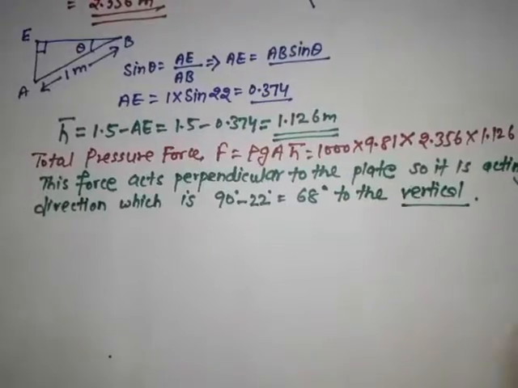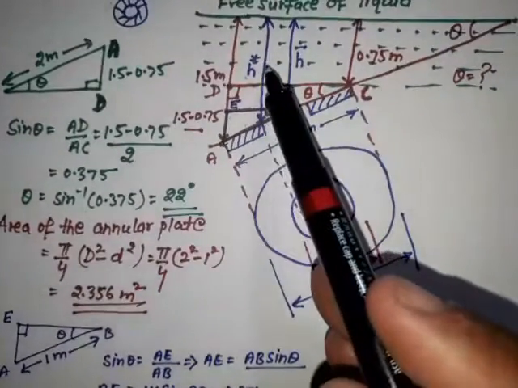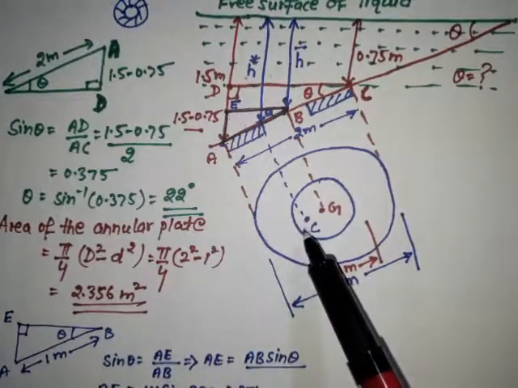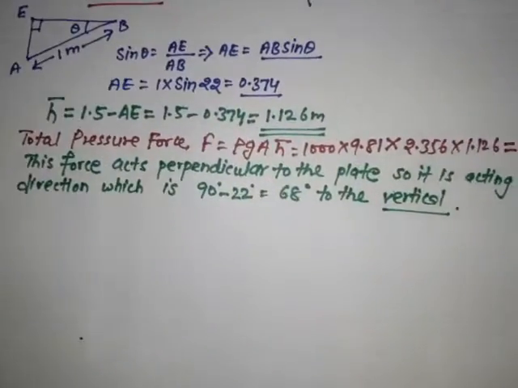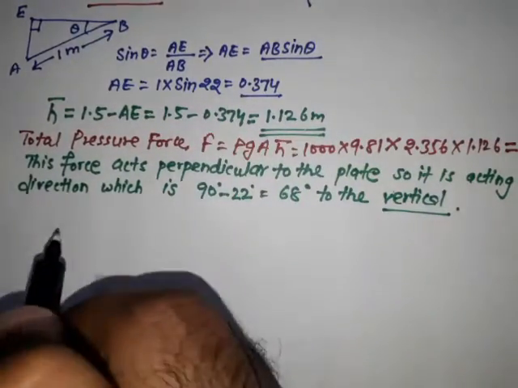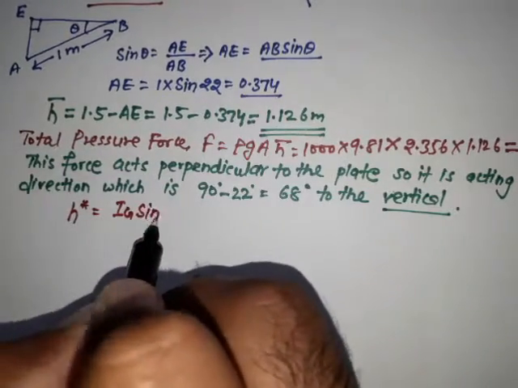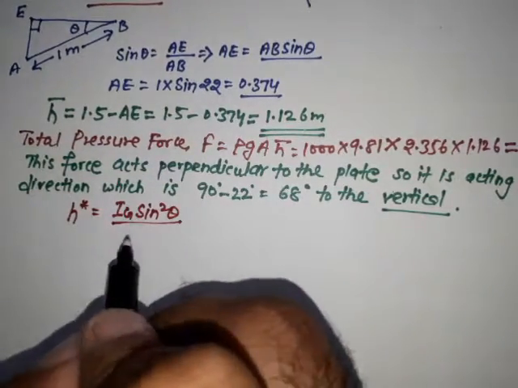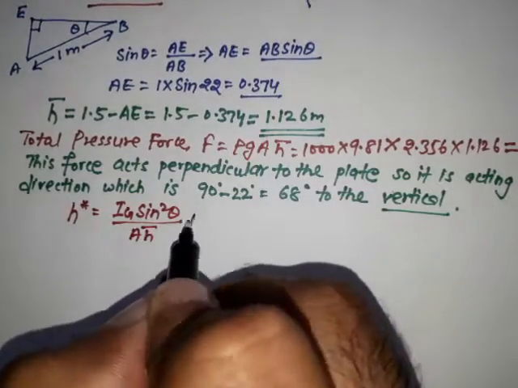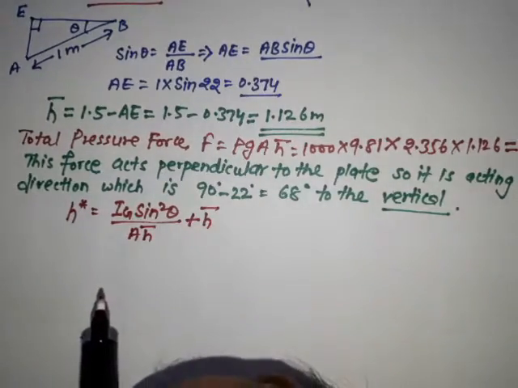And now I need to find out the value of H star. This is the point at which center of pressure lies. So in case of inclined plane surface, H star is equal to Ig sin square theta upon A H bar plus H bar.